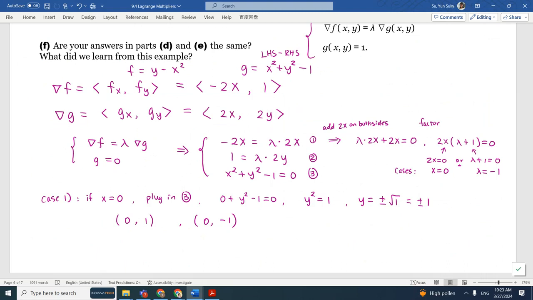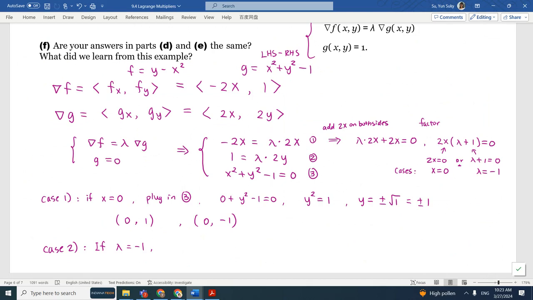So good? Yes. And now case 2. If what? Lambda is -1. That's case 2, when lambda is -1. And then which one do we plug into, equation 2 or equation 3?